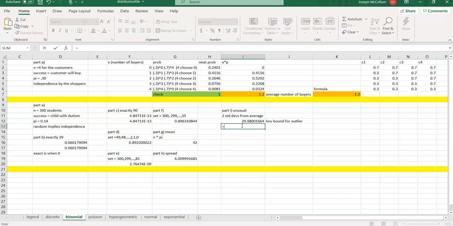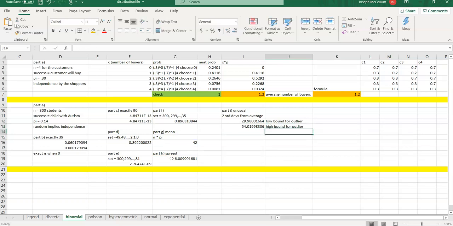And that's why I write the center plus 12, or 2 times 6, as the high bound for outlier. So if I see more than 54 students with autism, I really am curious because the odds of that would be really, really high.